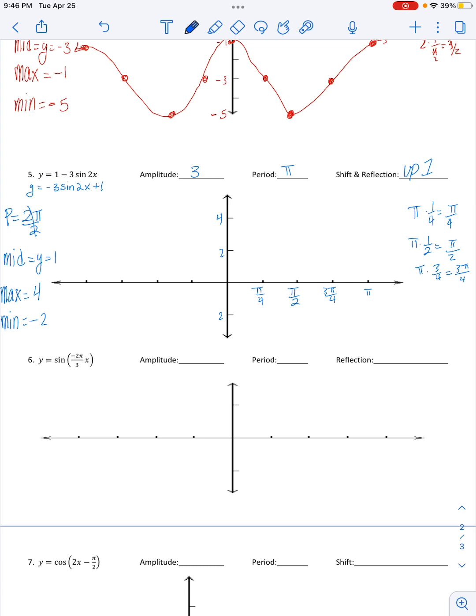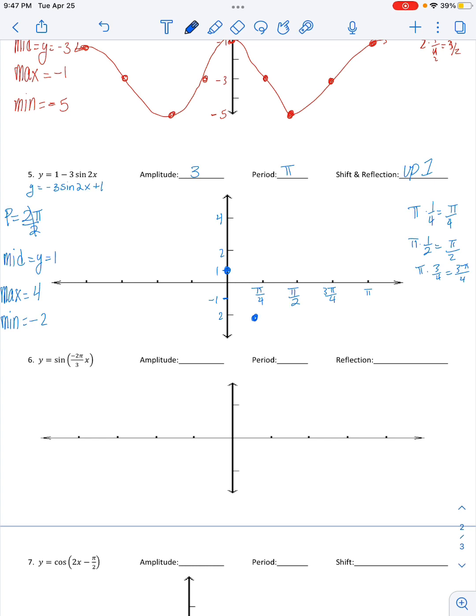Sine starts at the midline. Well, let's see. So that's going to be at 1. So it's going to be here at the midline. Because it is negative, it's going to go to the minimum.